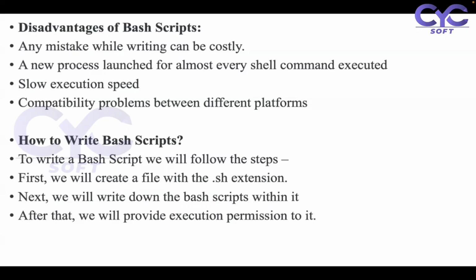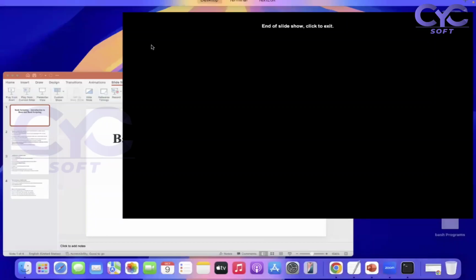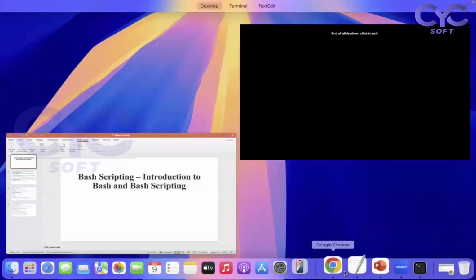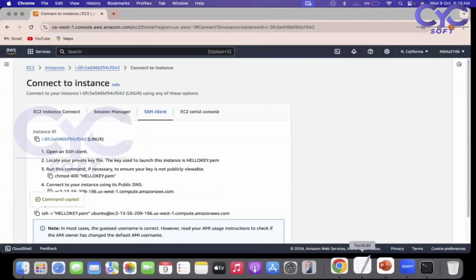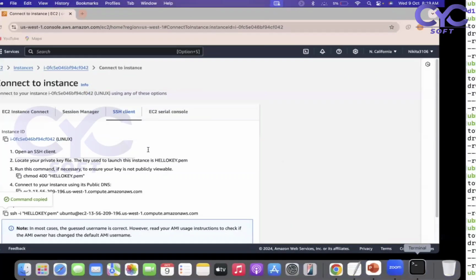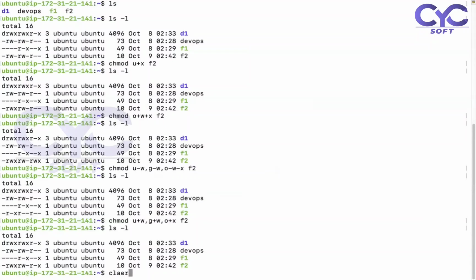Here we are going with examples. Let's go to the terminal and clear the screen. Suppose I want to write a program; for this I can use vi. vi stands for visual interface. I'm writing the file hello.sh, with the extension sh.